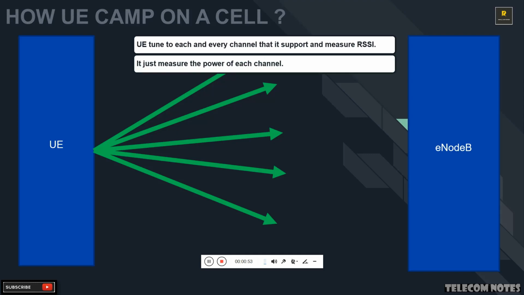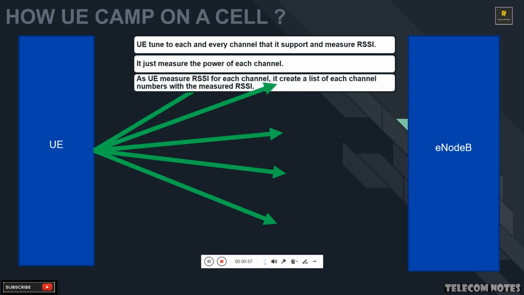It measures the power of each channel, and it creates a list of the channel numbers with the RSSI, the signal strength of the reference signal, of each and every channel.